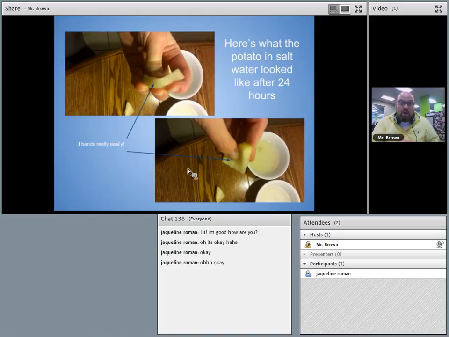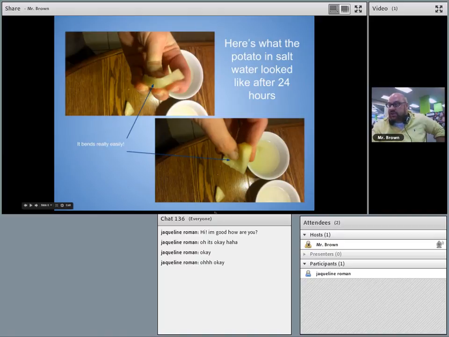So the water from the potato is going to leave the potato and go into the salt water. So when the water leaves, the potato in the salt water is going to shrink a little bit, and it's going to get flexible, bendy. Okay, it might turn brown even.